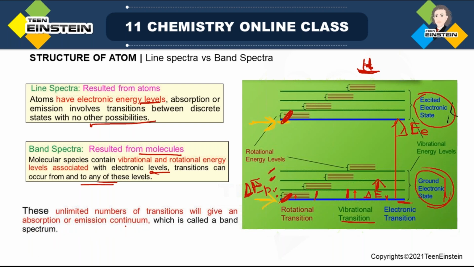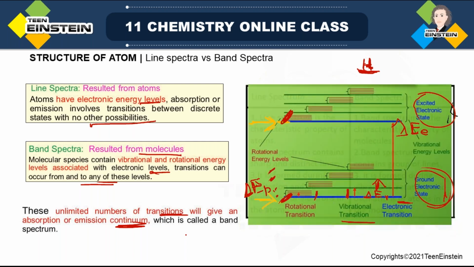This unlimited number of possibilities and transitions will give an absorption or emission continuum, something like a band, and this continuum is actually a band. So this is the reason why you get only line spectra for atoms, but not for molecules. For molecules there is a band.